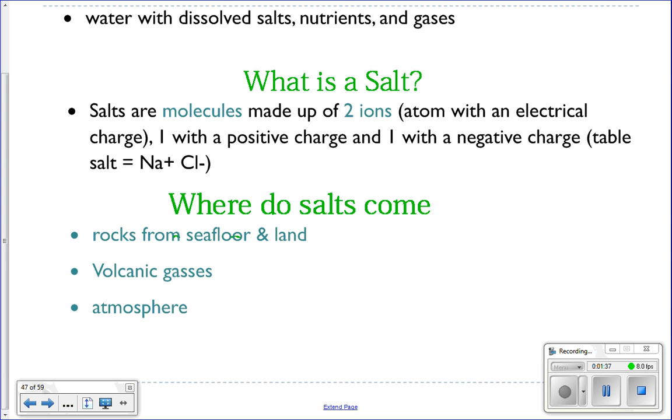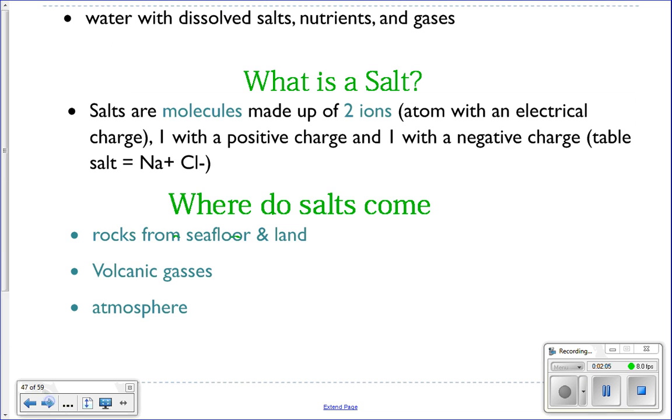Also, any rocks that are on land, as the fresh water runs over them, dissolve the salts and carry those salts down into the ocean and deposit the salts in the ocean. Also, volcanic gases from eruptions underwater from the mid-ocean ridge would also help to put some salts and other things into the water. And then any salts that dissolve from the atmosphere into the water would enter the ocean that way.